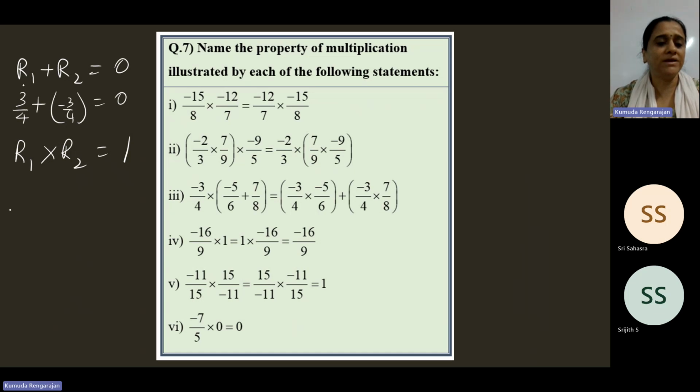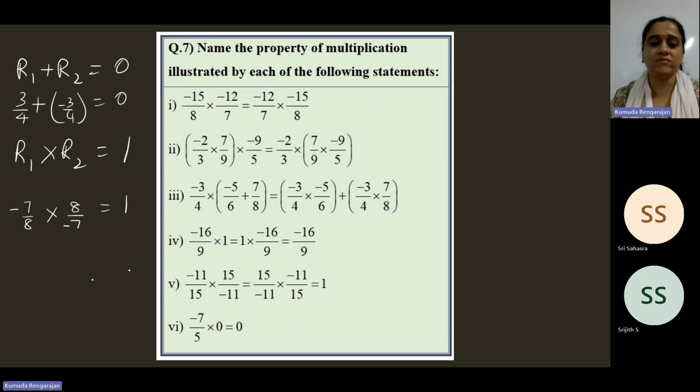Now if you take minus 7 by 8 into what will give you 1? Okay, you can put the minus anywhere.